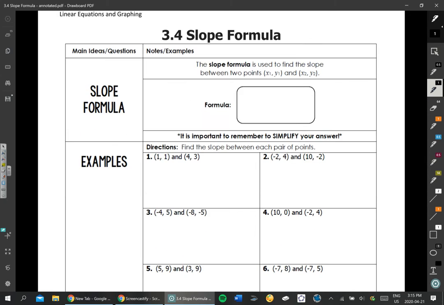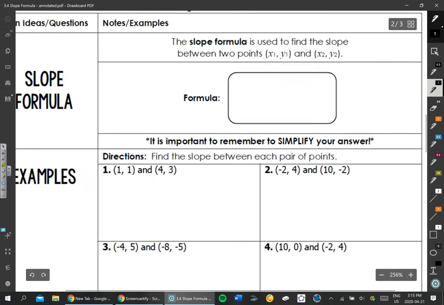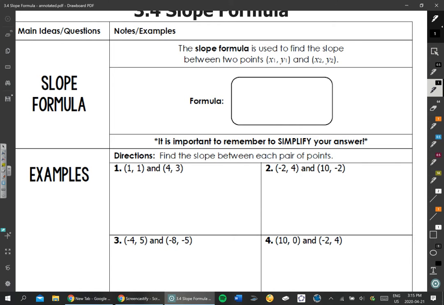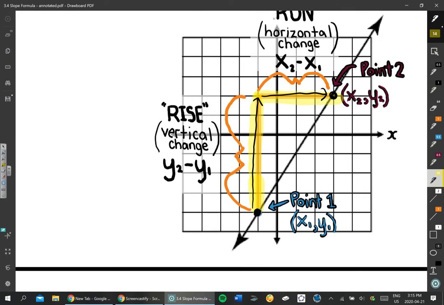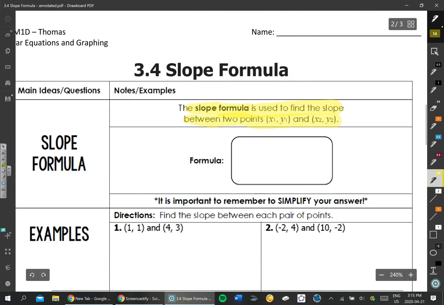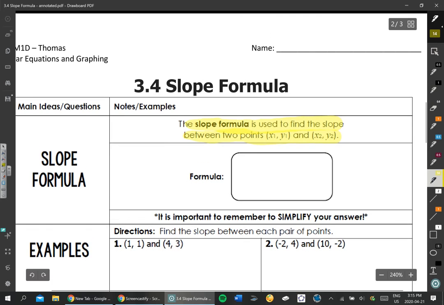Okay, so the slope formula, again, it's used to find slope between 2 points. Okay, right? Used to determine the slope between 2 points, just like here. The slope between point 1 and point 2. Okay? So, if we know that when we talk about ordered pairs, or coordinates sometimes, it's always x comma y.